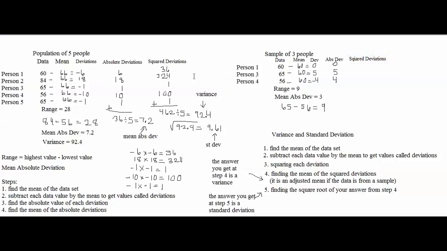So we'll start with 0, which is the first deviation, and square it. 0 times 0 is just 0, meaning 0 squared is 0. 5 squared, which is 5 times 5, is 25.